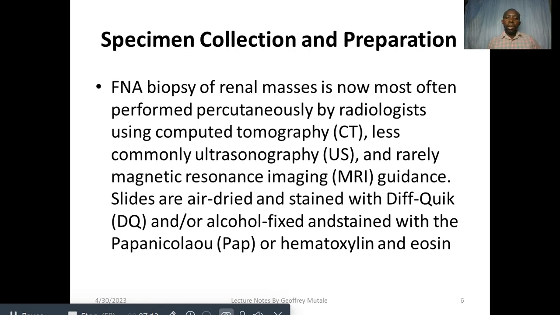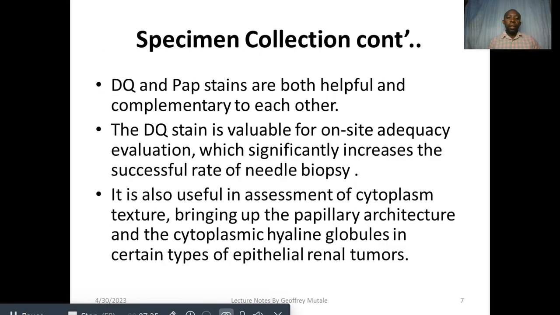So slides are air dried and stained with Diff-Quik, or alcohol fixed and stained with PAP or hematoxylin and eosin. Diff-Quik and PAP stains are both helpful and complementary to each other.